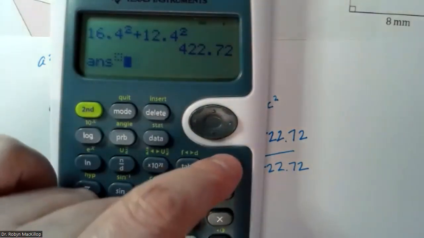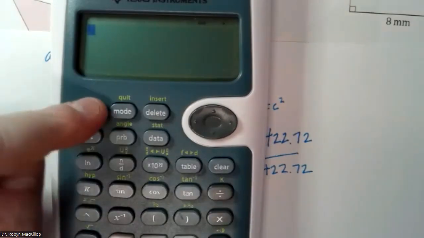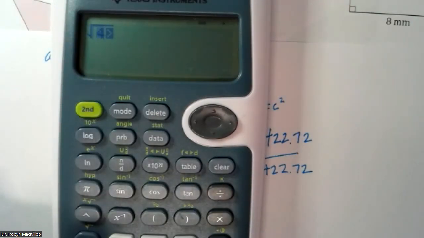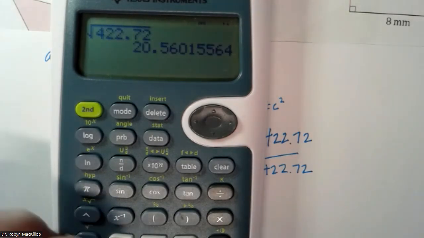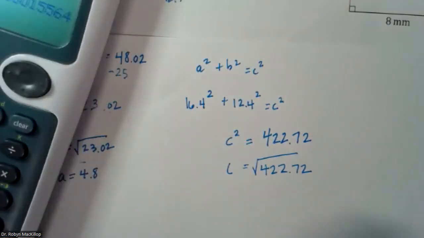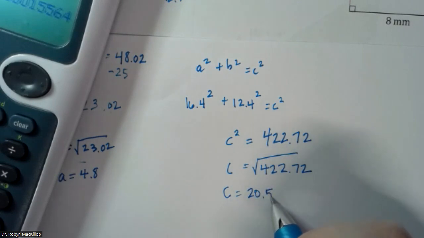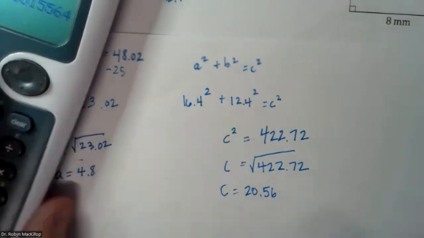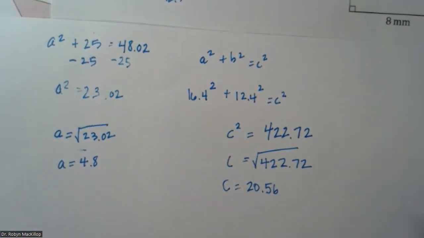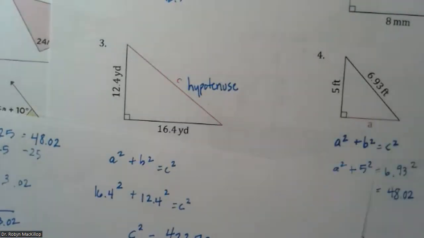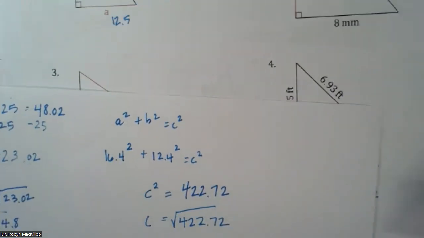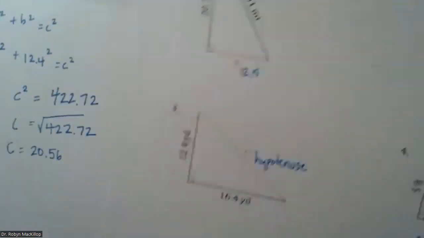Oh wait, let me clear that, otherwise it's going to be a mess. Green button, square root, 422.72, enter. 20.56. So C equals 20.56. And if we go back and look at our little triangle, it was right here.